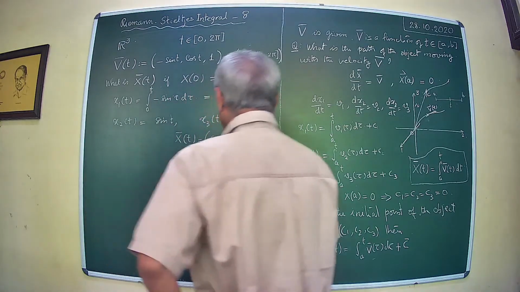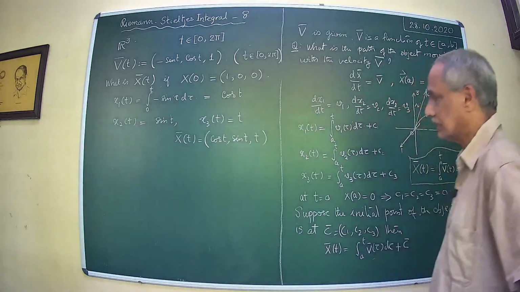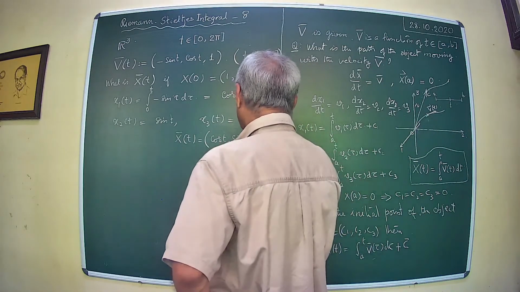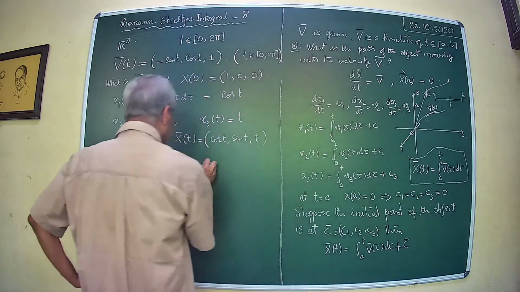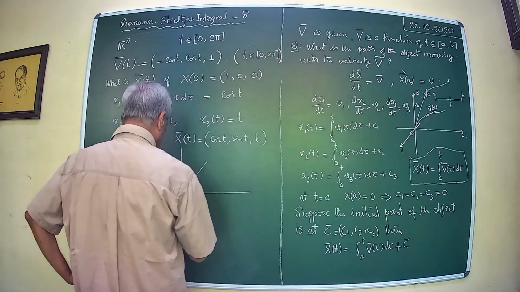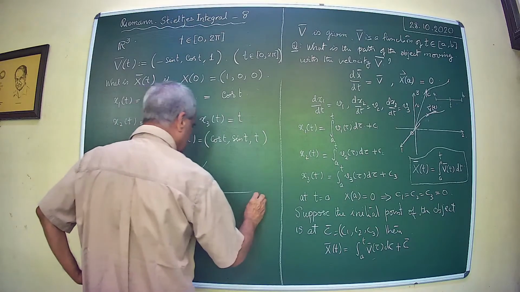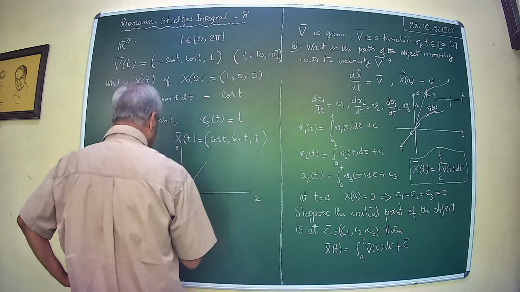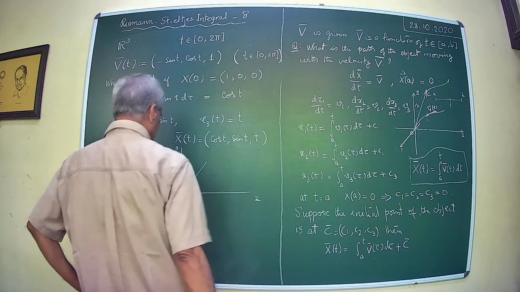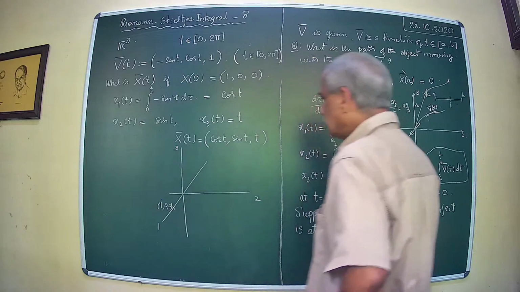Now one quickly checks that at time t equal to 0 you are at 1, 0, 0. So geometrically you are here. So this is your 1 axis, 2 axis, 3 axis. So you are at the point 1, 0. Now what happens to this?